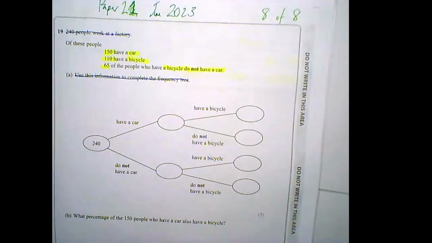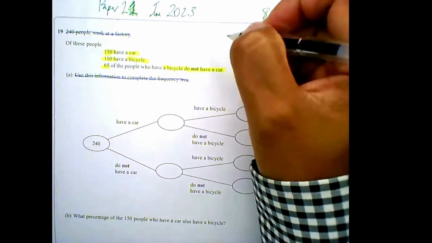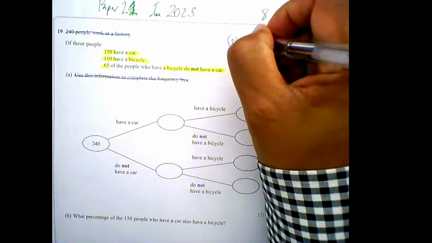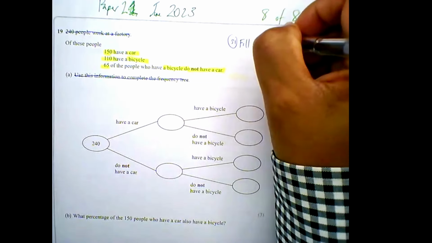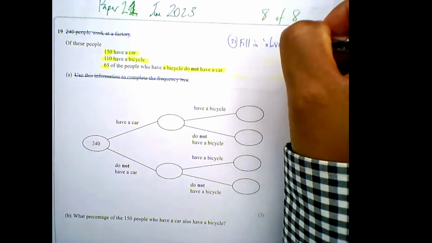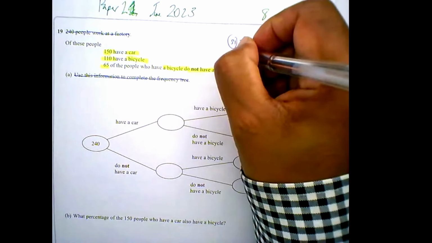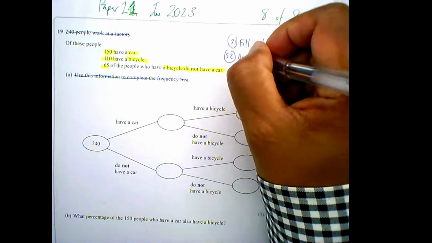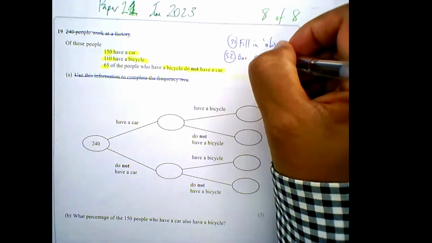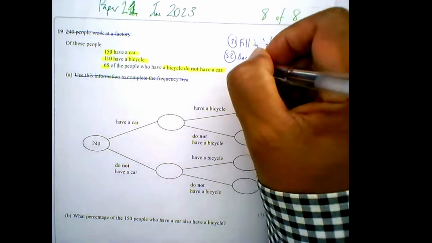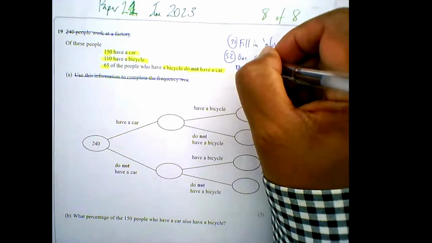So similar to before, step 1, fill in obvious information, or information that is given. And then step 2, one answer invites us to the next answer.